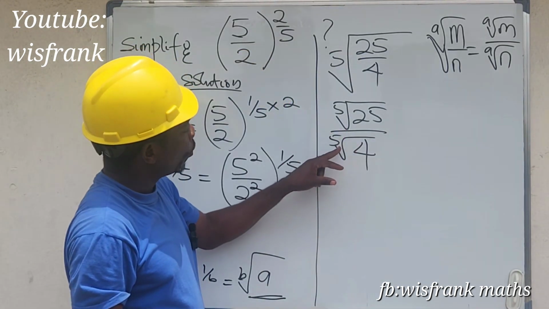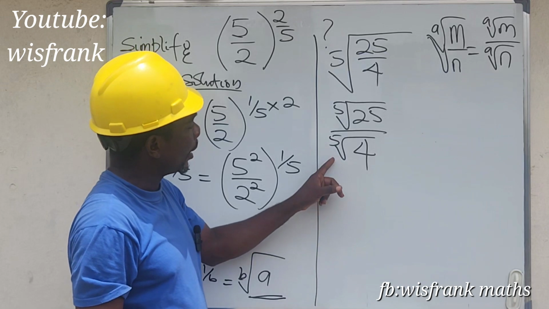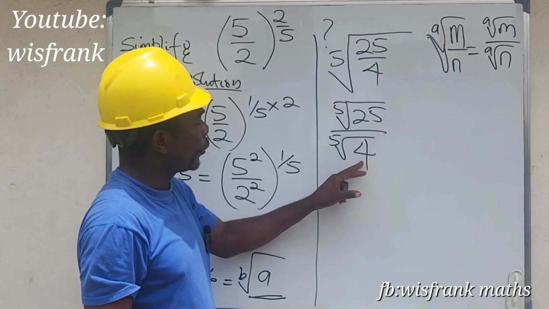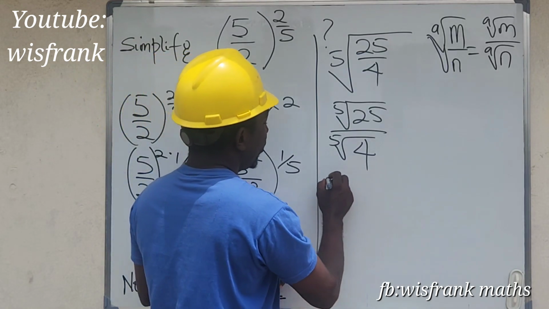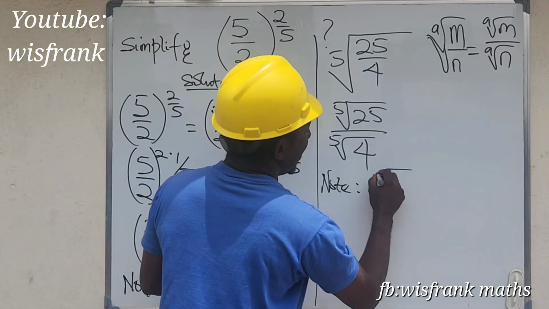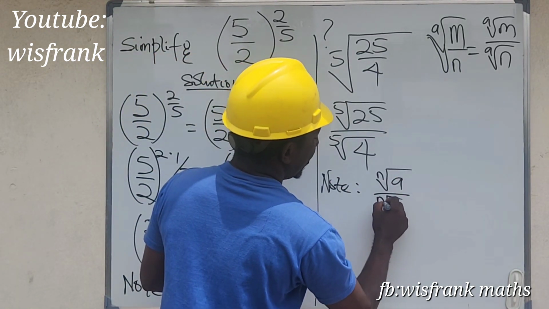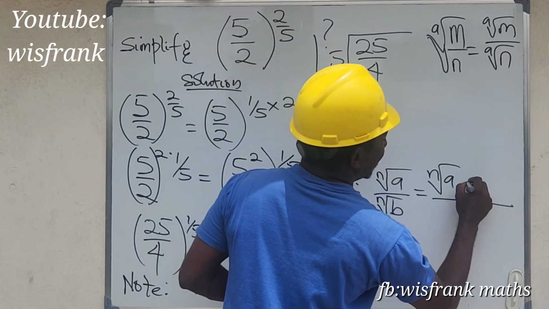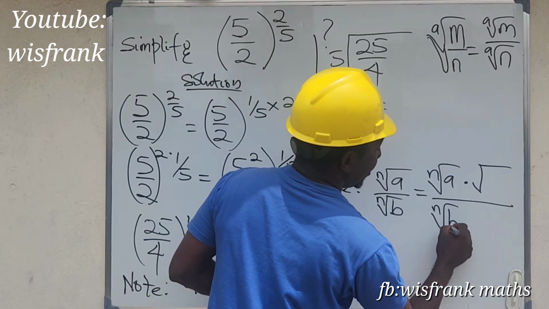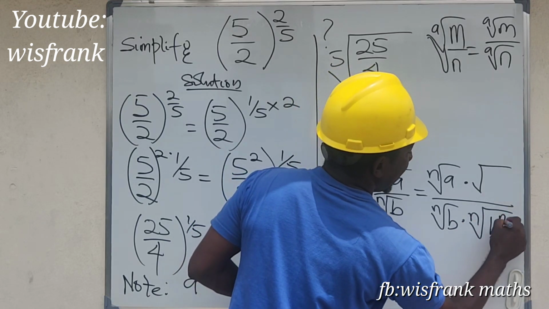So here we will look for a way that we can cancel the 5th root of 4 or any of them. Okay, let's take the denominator. We can recall that when we have the n-th root of a all over the n-th root of b, it is the same thing as the n-th root of a times the n-th root of b to the power of n minus 1.